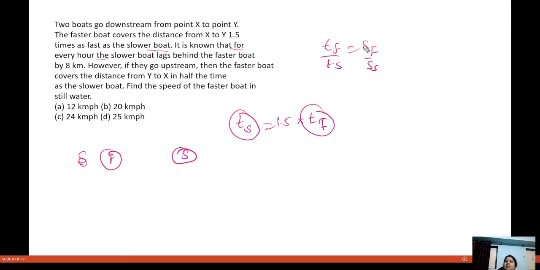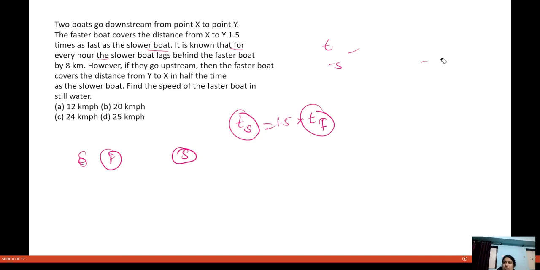So that means the time traveled by the faster boat and the time traveled by the slower boat is equal to the speed of the faster boat divided by the speed of the slower boat, because time is inversely proportional to speed.